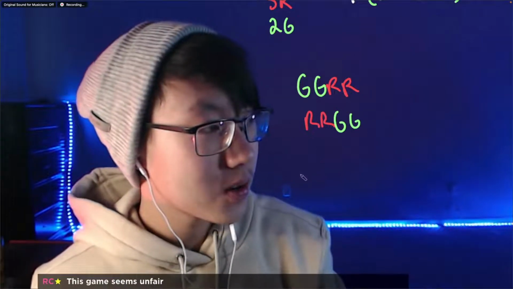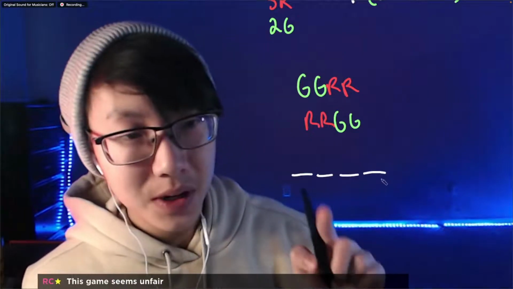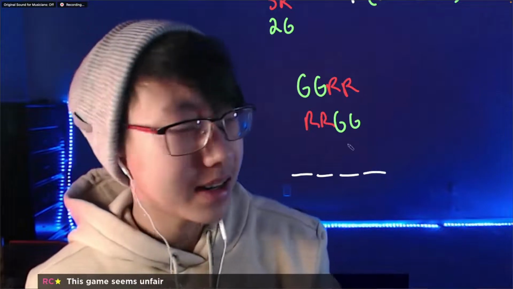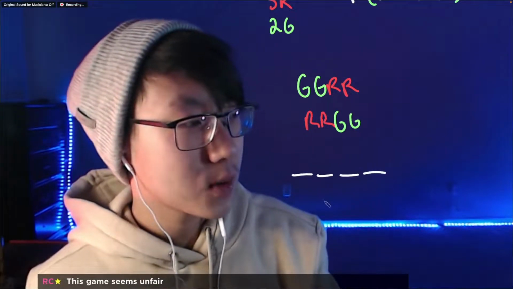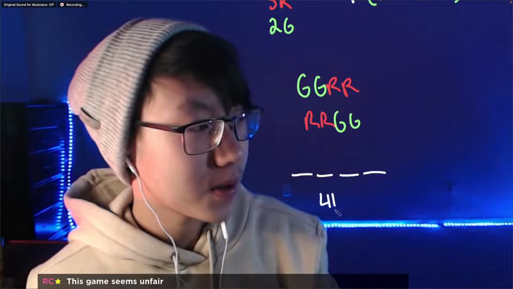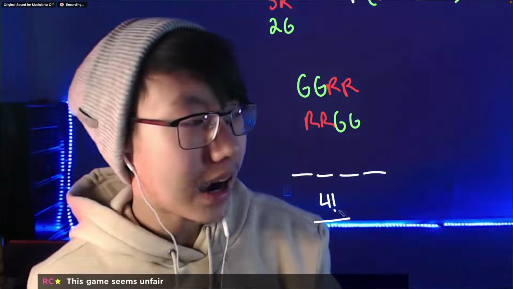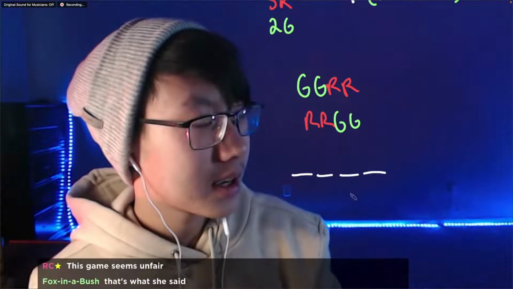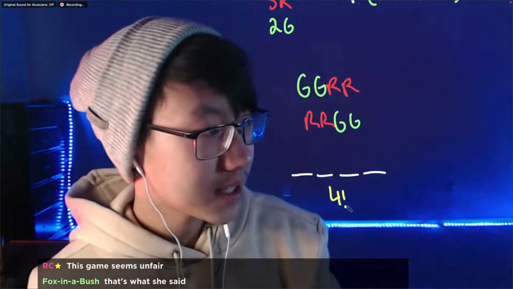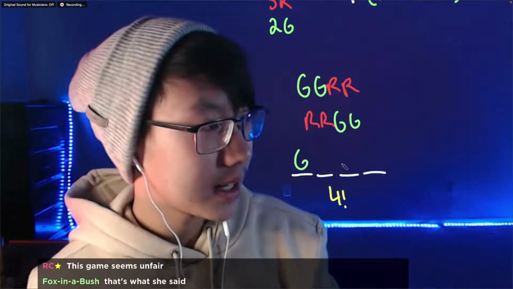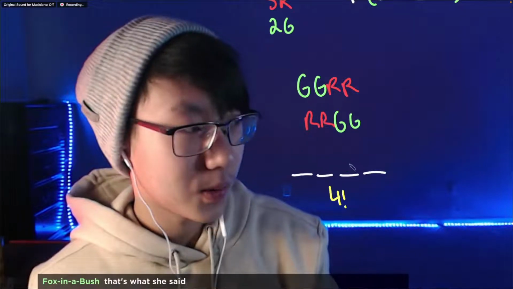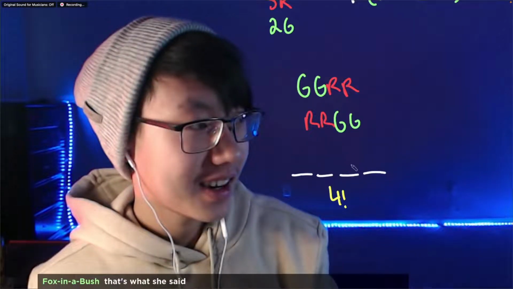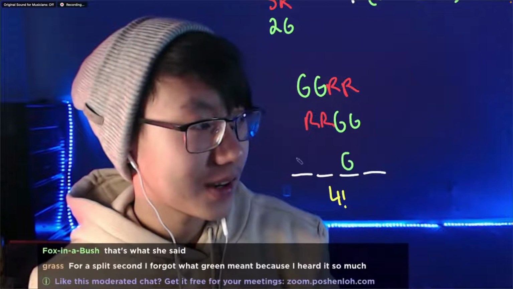How many ways are there to do that? Well, there's 4 spots and I need to put greens and reds, right? Normally to arrange 4 things, we would do 4 factorial, 4 times 3 times 2 times 1. But I don't need to do that here because, for example, putting a green here and a green here versus swapping them is the exact same.